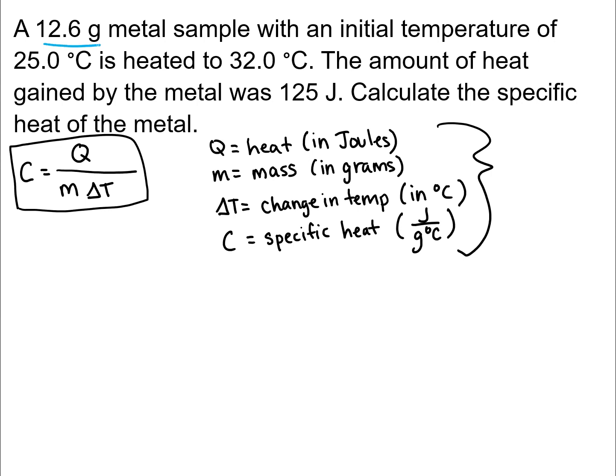We've got several numbers here. First one we encounter is 12.6 gram metal sample. It's in grams, so that must be a mass. Next, we encounter 2 temperatures. That's got to be what we use to calculate delta T. Delta T, that's the change in temperature.